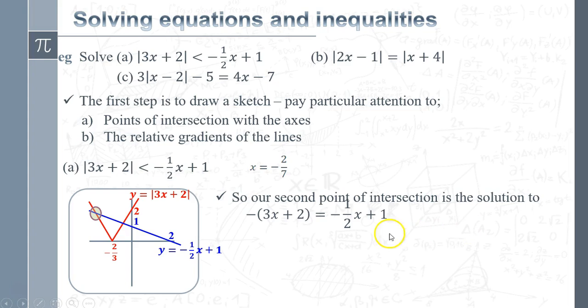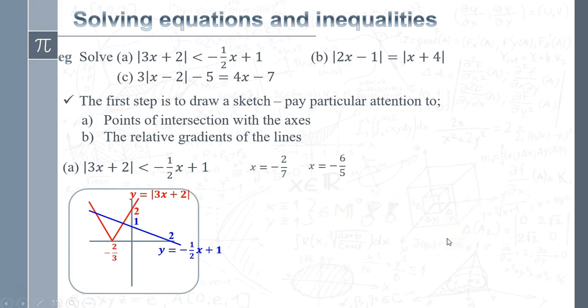So, what I'm looking at here is, as I said before, this one here being my positive arm, this one here being what I refer to as the negative arm, and so I know I've got a point of intersection where my negative arm meets my blue line, which is that equation. Do some solving on that, and we get x equals minus 6/5. So those are our 2 points of intersection. Now in this particular question, we're talking about an inequality.